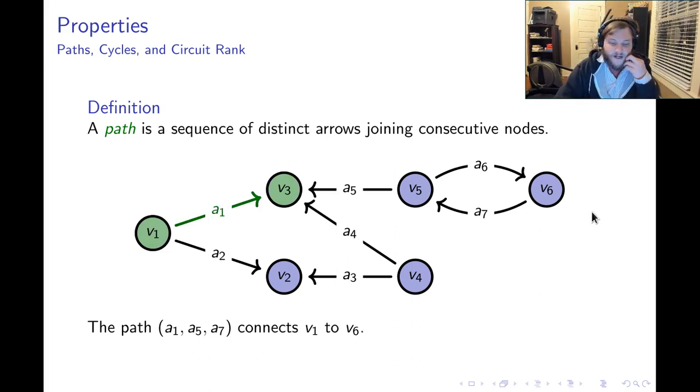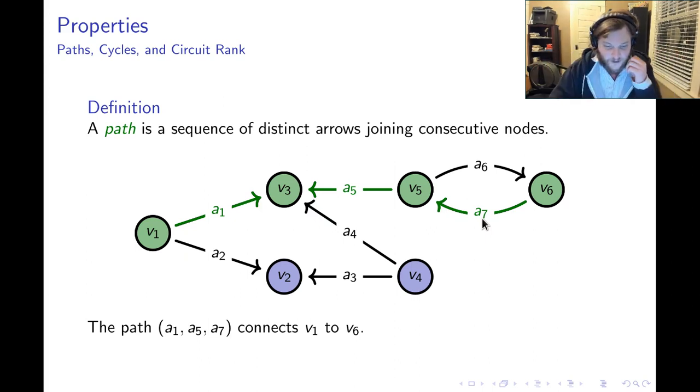So I can imagine traveling from V1 to V3 via the first arrow A1. Then I can imagine traveling from V3 to V5 via this second arrow A sub 5. Then I can imagine traveling from the node V5 to V6, going through the arrow A sub 7. So this is a valid path from our perspective.